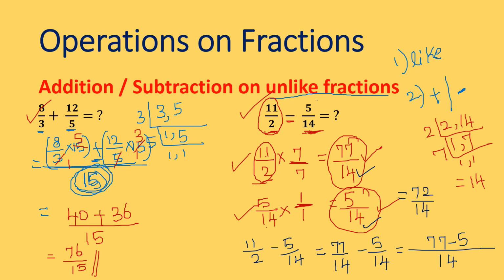This is your answer, but it still has a common factor, right? Both have a common factor, which is 2. So again you can cancel this. 2 sevens are 14, and 2 thirty-sixes are 72. So the answer is 36 by 7. Okay, for this question.